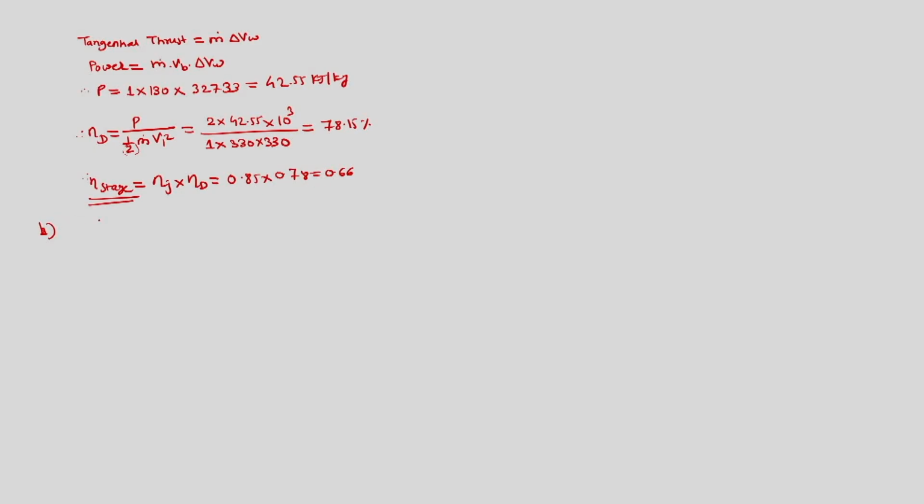Now we will go to part B, and part B needs the turbine efficiency in total, which is equal to nozzle efficiency, blade efficiency into reheat factor. So we have found this as the stage efficiency into reheat factor.